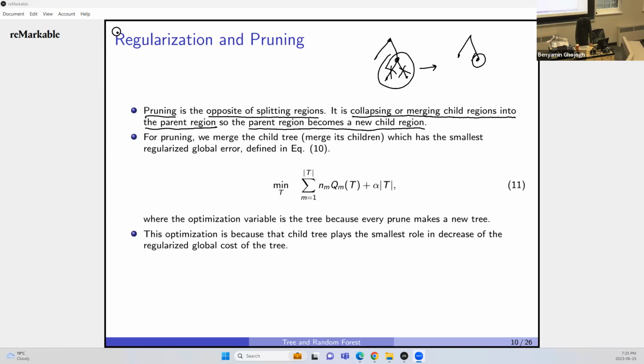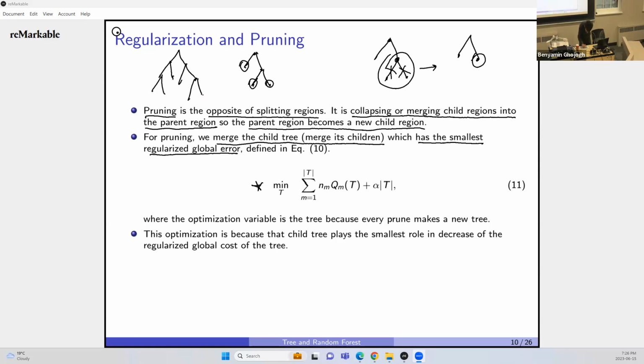Okay. For pruning, we merge the children of a node. Which one? Now I'm telling you how to prune: the one which has the smallest regularized global error. This is the regularized global error. Do you agree? We already talked about it. For example, let me have a larger tree because I think this makes more sense. Like this.